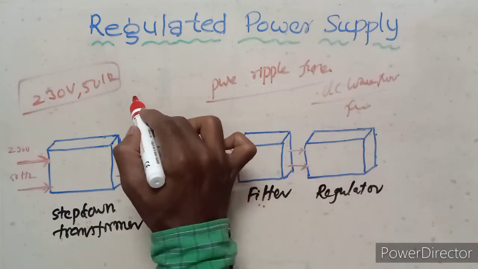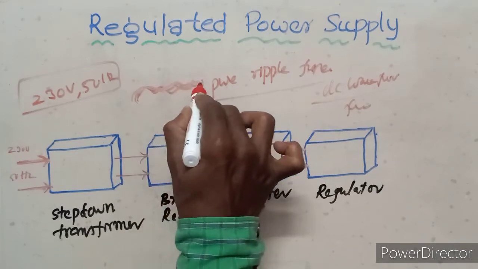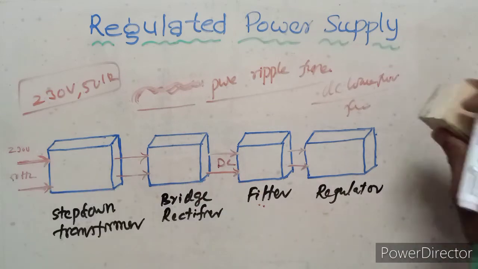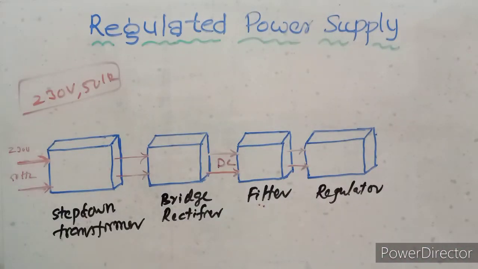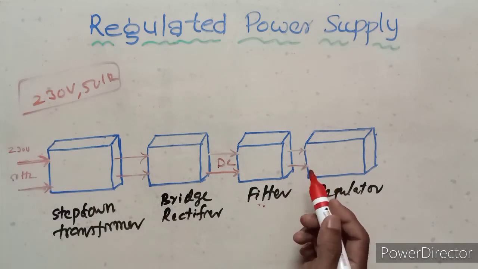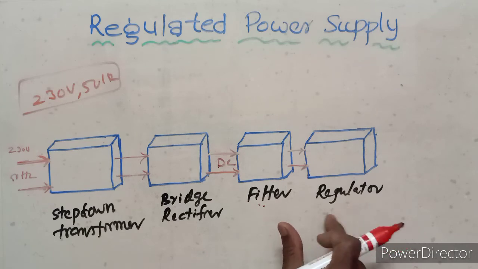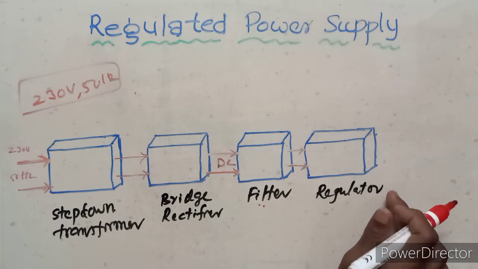Eliminating the ripple means smooth. So the waveform is very smooth. It eliminates the ripple by setting the DC output to a fixed voltage. Otherwise, the output voltage and current will fluctuate when there is a change in the input of the AC mains.